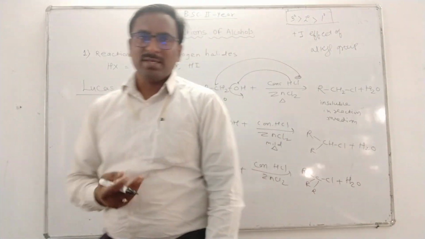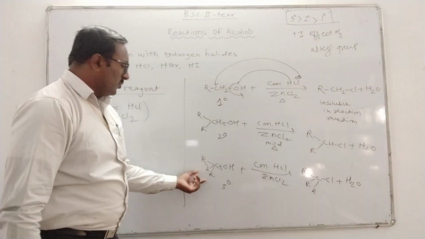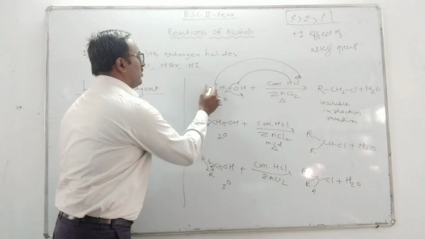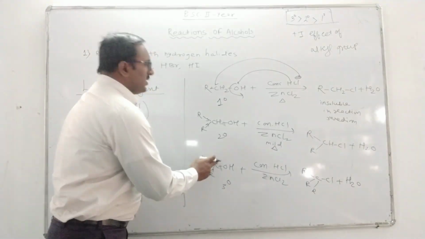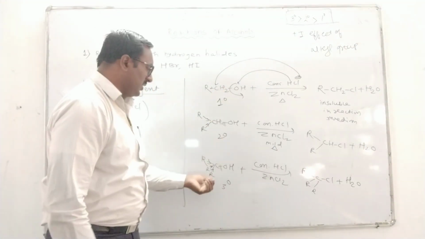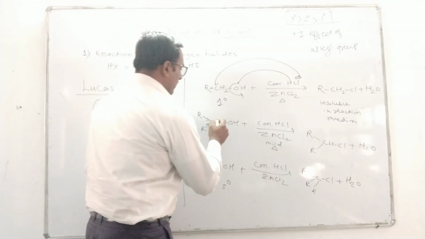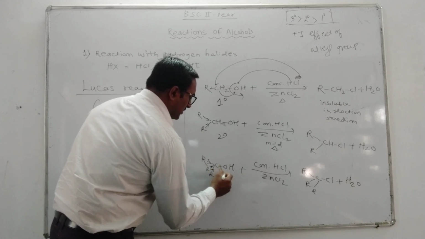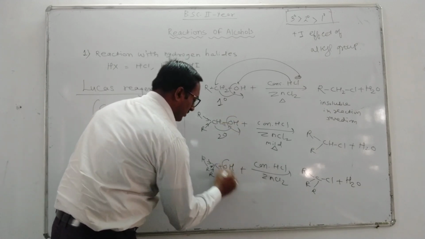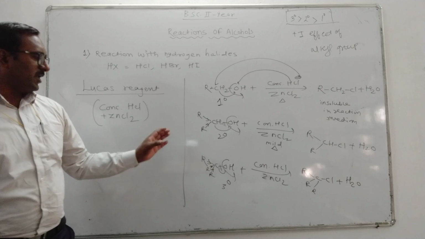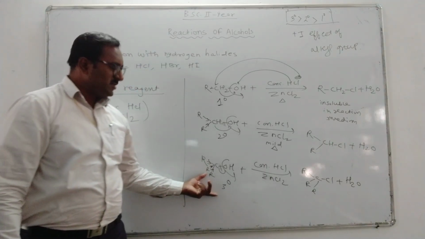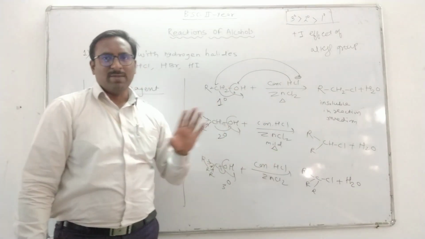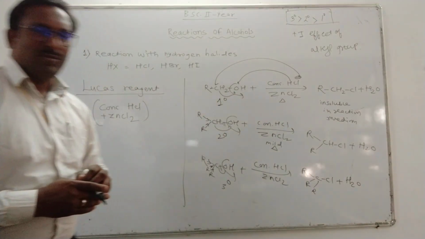In tertiary alcohol, 3 alkyl groups are there which donate electrons to the carbon, and more electron density on the carbon facilitates removal of the water molecule. Therefore tertiary alcohols are more reactive than secondary, than primary. Okay, so do the copy, then we will discuss further.